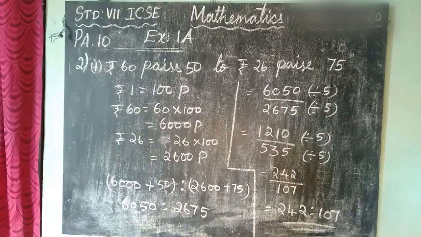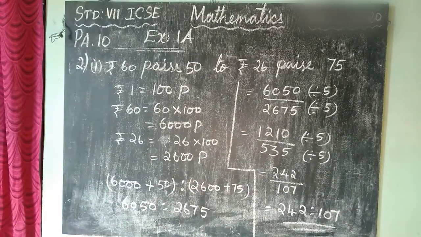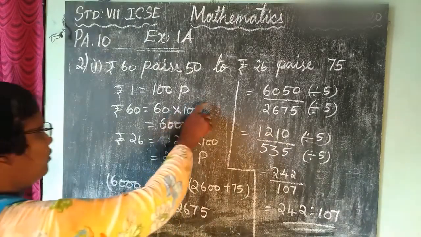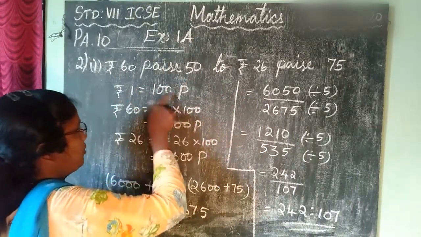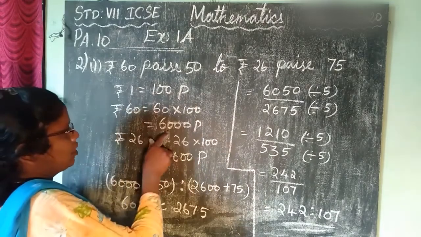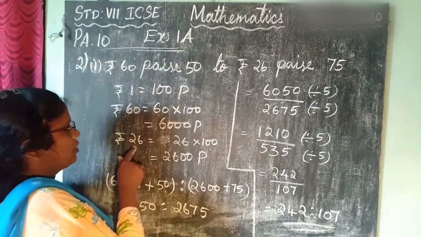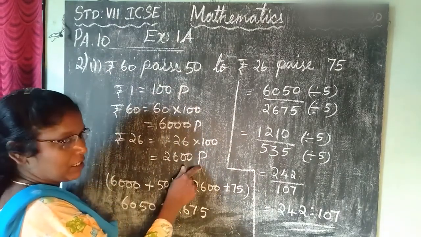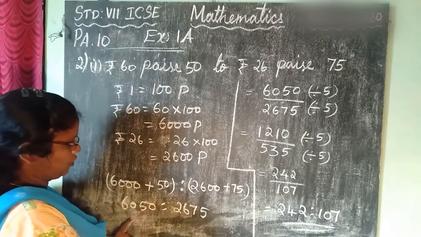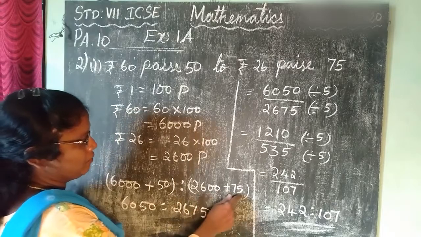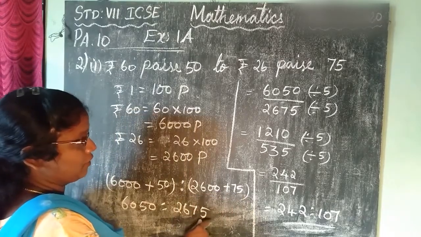Understood, children? Let me explain once again. I am converting rupees into paise first. 1 rupee is 100 paise, so 60 rupees is equal to 6000 paise, 26 rupees is equal to 2600 paise. So 6000 plus 50 is 6050, 2600 plus 75 is 2675.